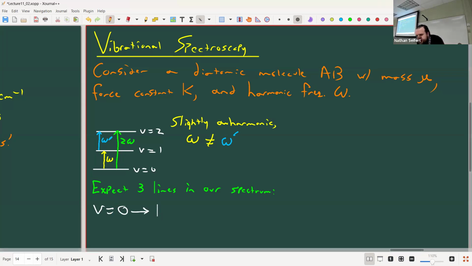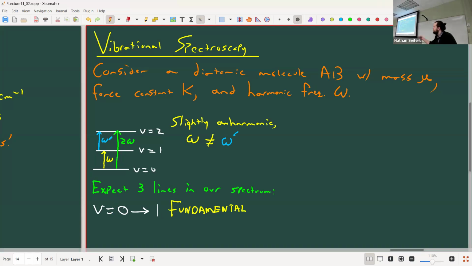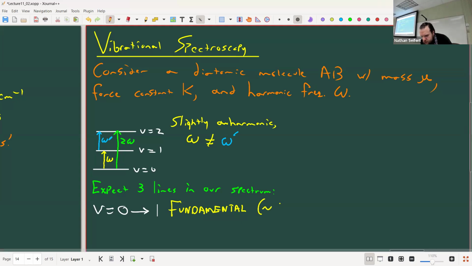We have a special name for this transition. It's called the fundamental. It's like that fundamental pluck, that note. It's our A440 for our molecule. And this is at roughly omega.